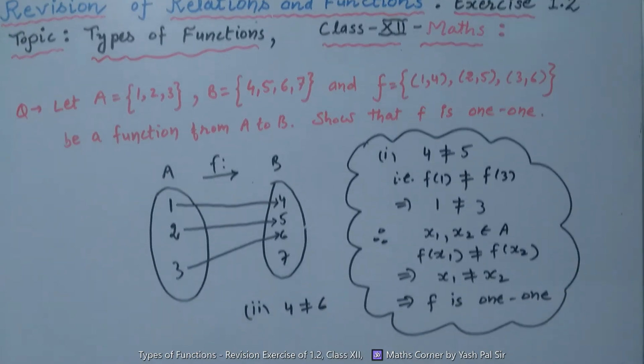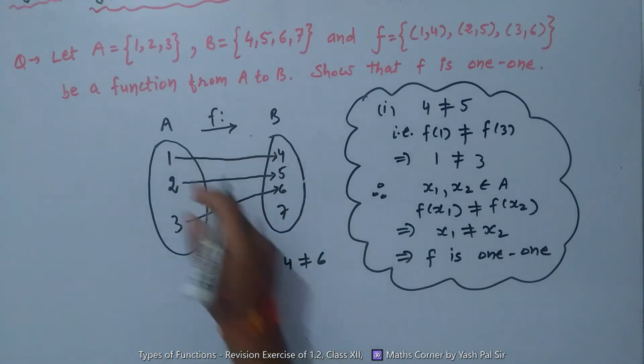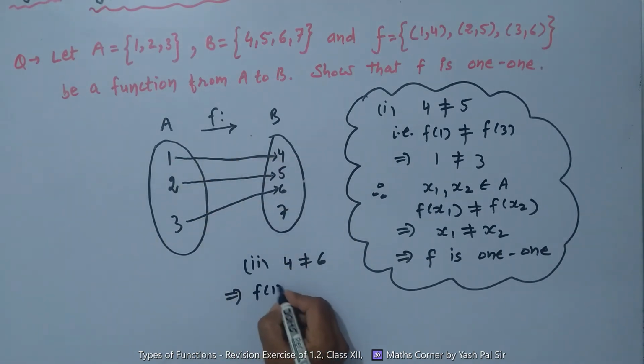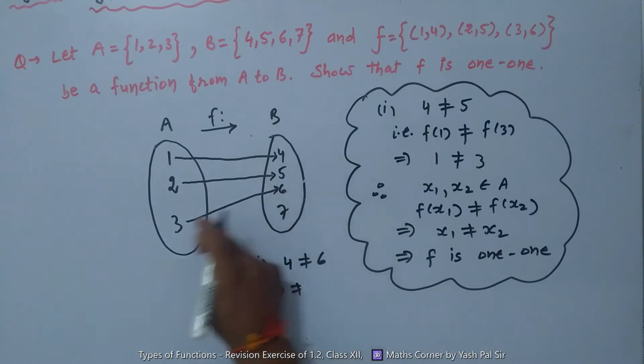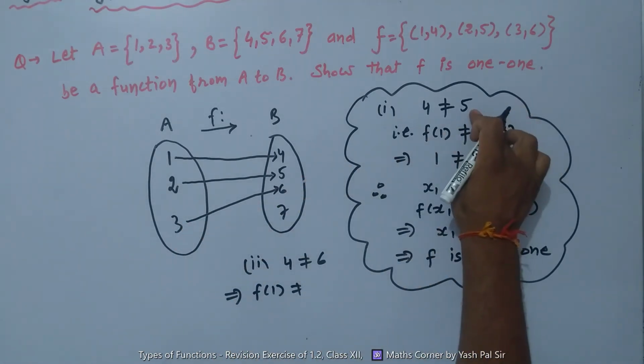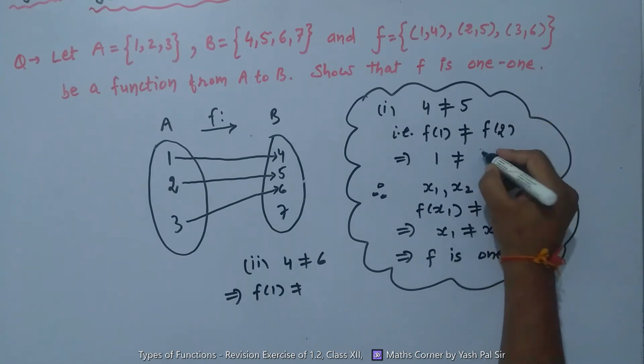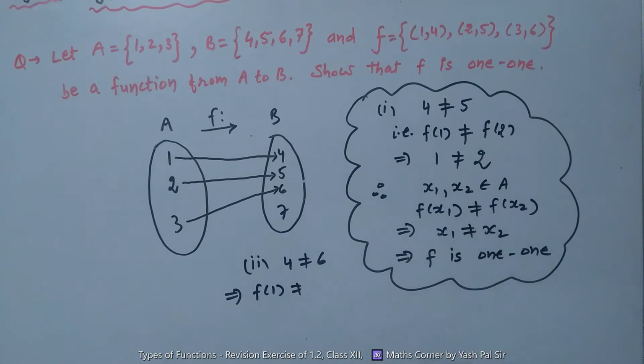Again, according to this, what is 4? 4 is the image of 1, not equal to 6. 6 is the image of 3. Sorry, here 5 was the image of 2. So this is the image of 3. So this implies 1 is not equal to 3.